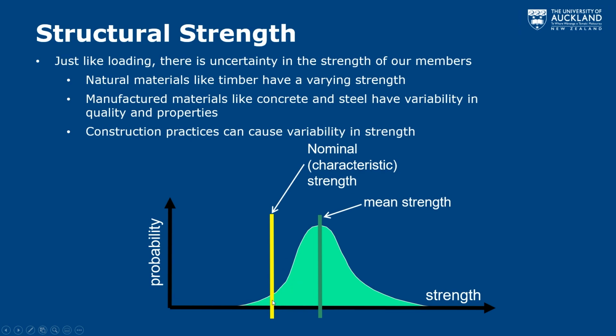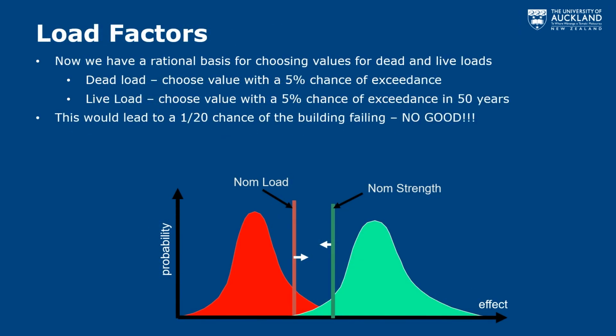But whether it's a manufactured or a natural material, there'll be some distribution of strength. We're going to use the lower end of that, because we want to bump up our loads and push down our capacity to be conservative. We don't want the structure to fail at that ultimate limit state, where safety is of critical importance.